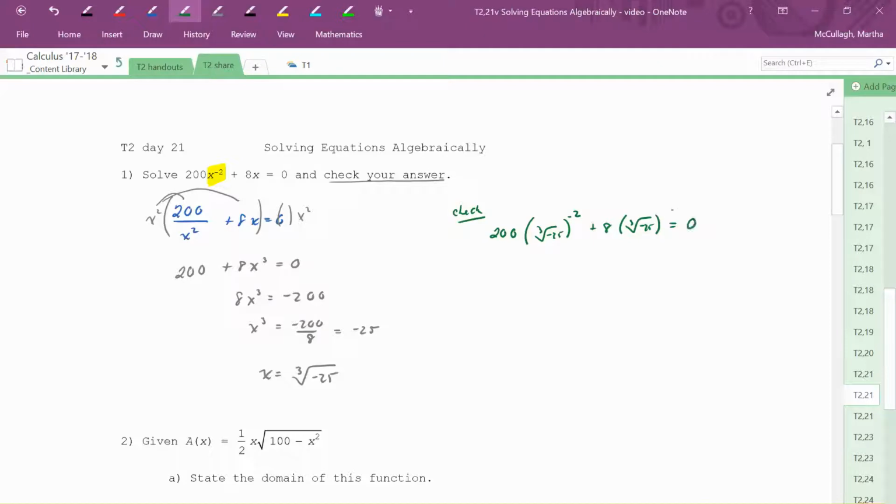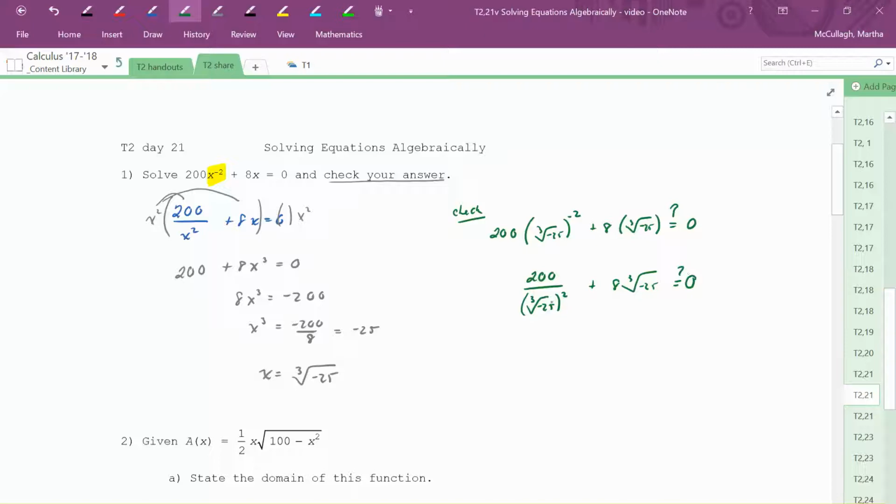And we want to know, does that equal 0? Well, rewriting that, I have 200 over the cube root of negative 25 squared plus 8 times the cube root of negative 25. And I still want to know, does that equal 0?